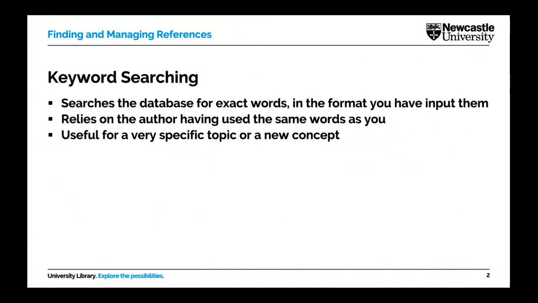And while there's nothing wrong with that type of searching whatsoever, there are a few drawbacks when it comes to conducting a more comprehensive search or a search within particular disciplines. First of all, keyword searching searches for the exact words that you have entered into the database. That means you're relying on the authors or the researchers of all those papers that you're hoping to find having used exactly the same terms and expressed their concepts in exactly the same way.